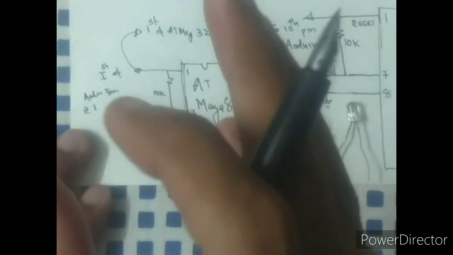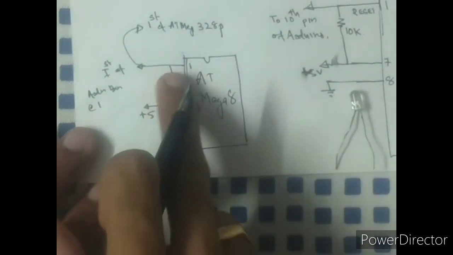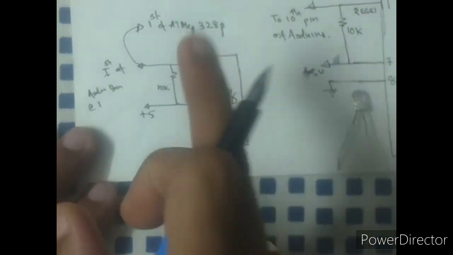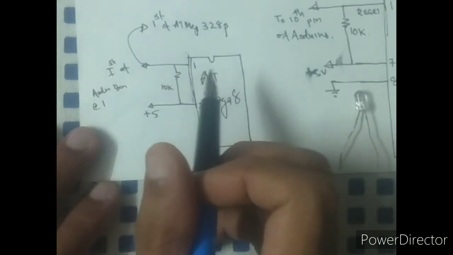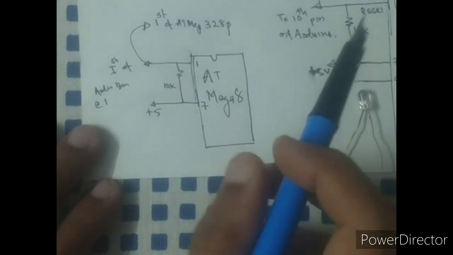So we are indirectly replacing the 328 with the ATmega 8. That's why this should not be connected to the first digital pin. Instead of that, this first pin is to be connected to the first pin of the IC base.